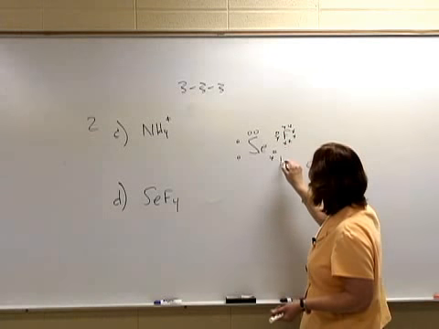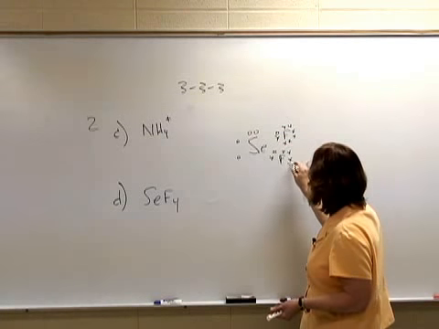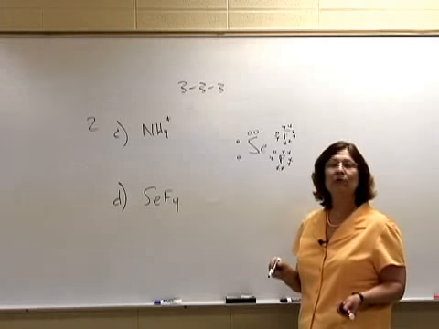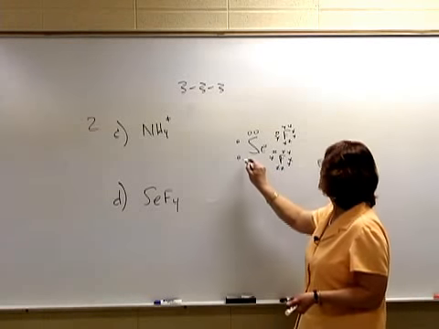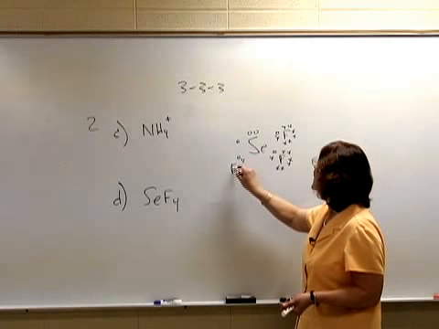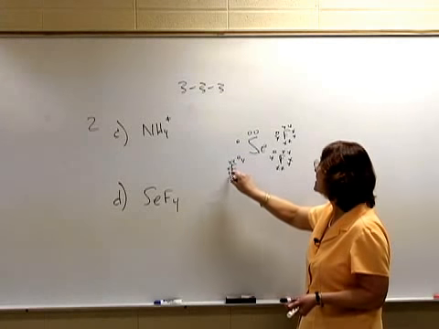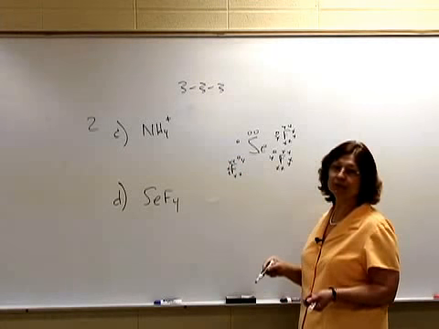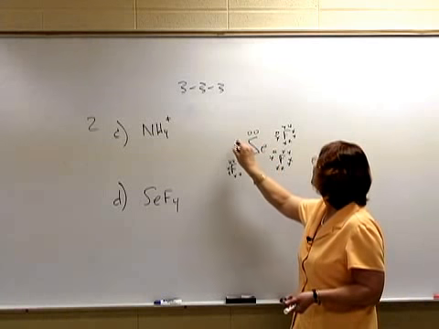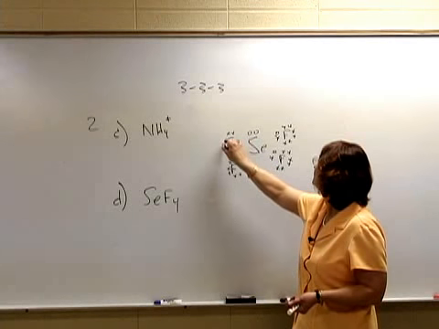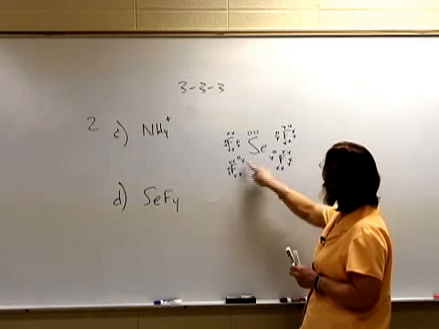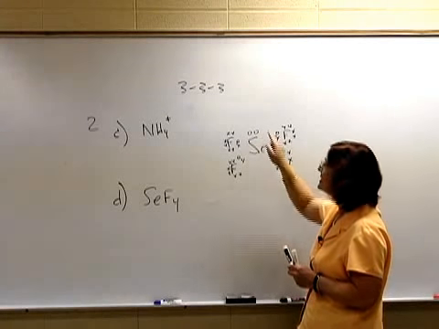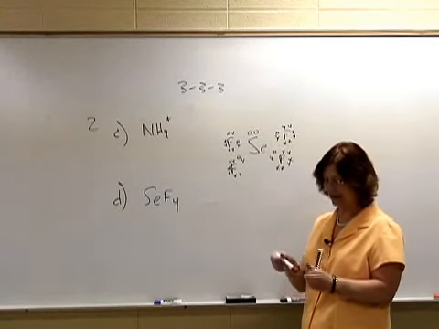Now the outer atoms are going to follow the octet, and only the central atom is going to be the one with an excess. And it has to be in the 3rd energy level, at least, in order to be able to expand into the d orbital, those extra electrons. And therefore, I get a total of 2, 4, 6, 8, 10 electrons around the selenium.